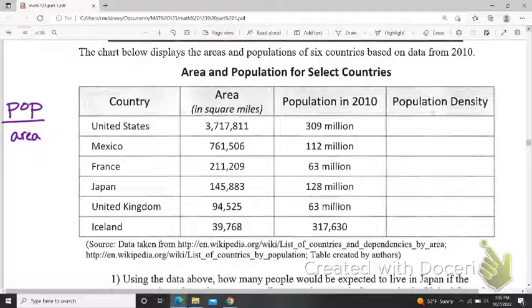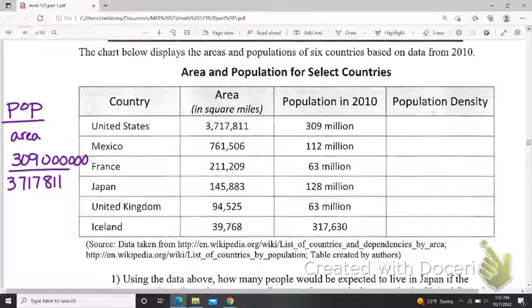For instance, if I wanted to do population per square mile for the U.S., I could do 309 with 6 zeros after it, divided by 3,717,811, again with 6 zeros after it.